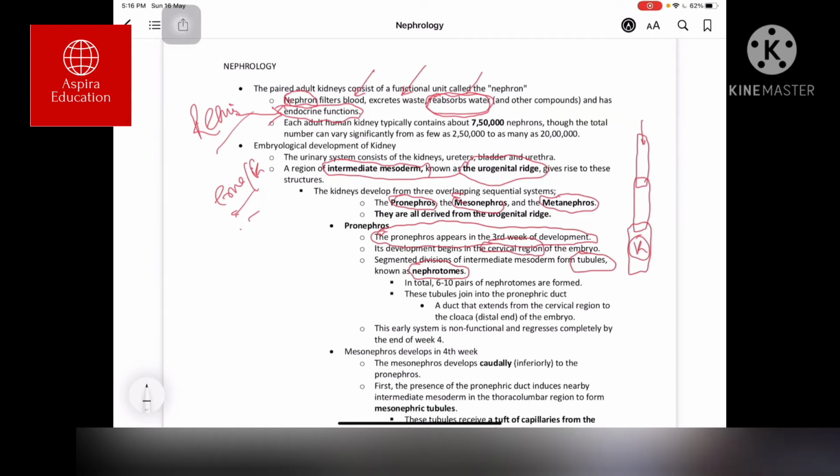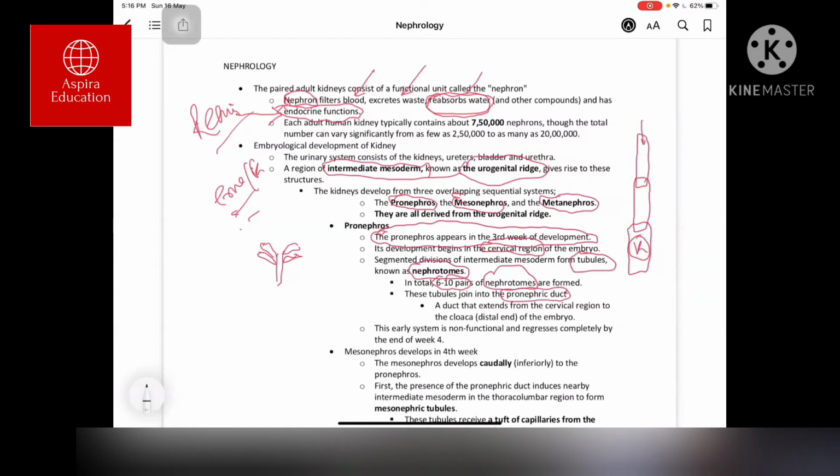In total, there are only 6 to 10 pairs of the nephrotomes, one on each side, and they all combine together to form one duct. Now this duct is called the pronephric duct.